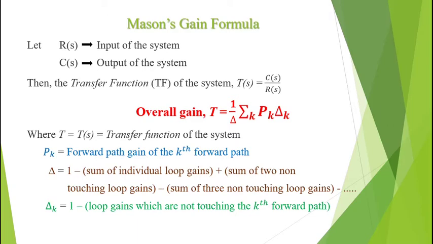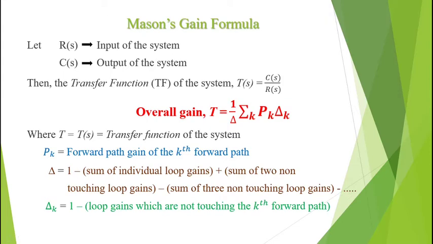The next term is delta K, and it's also an equation and is given as 1 minus loop gain which are not touching the kth forward path. We are considering the kth path and a loop that is not touching the kth forward path, and the gain of that loop we are considering in delta K.